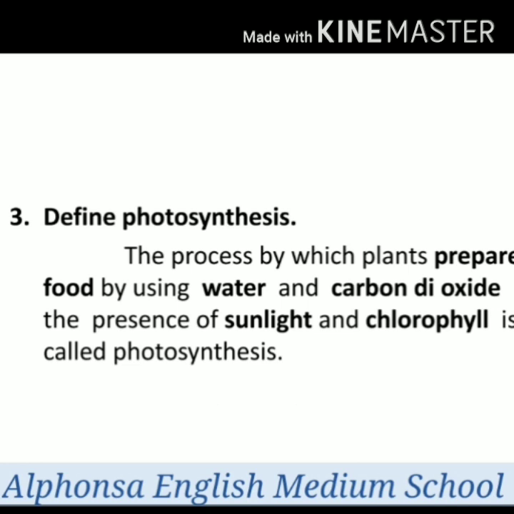Third question, define photosynthesis. The process by which plants prepare food by using water and carbon dioxide in the presence of sunlight and chlorophyll is called photosynthesis. There is a question related to this answer in your textbook. When you come across that answer, you need not write it once again.